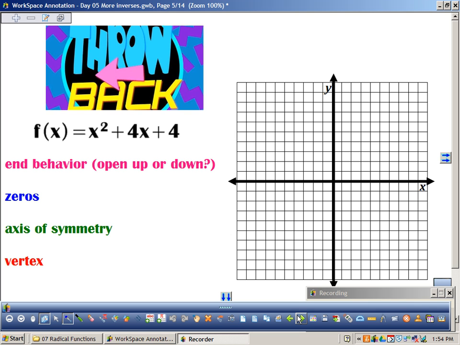I'm going to call on somebody. Okay, I'm going to give Sreya an opportunity. Sreya, can you tell me what's different about this graph?